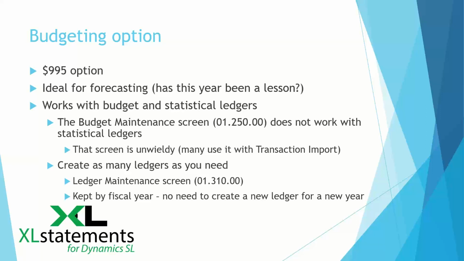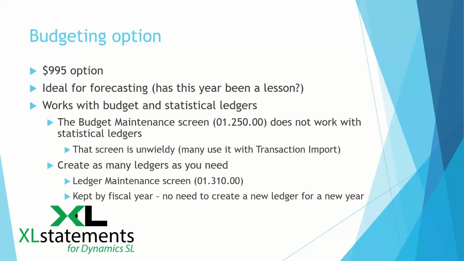And just within Dynamics SL, you can make as many ledgers as you need. So you can have original budget, revised budget, Jack's forecast, new forecast, whatever. You don't want to go create those for specific years because Dynamics SL already keeps ledger information by year anyway.